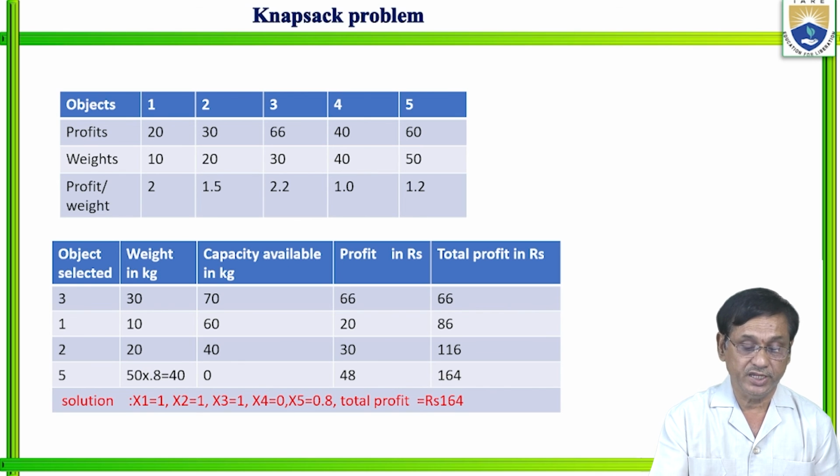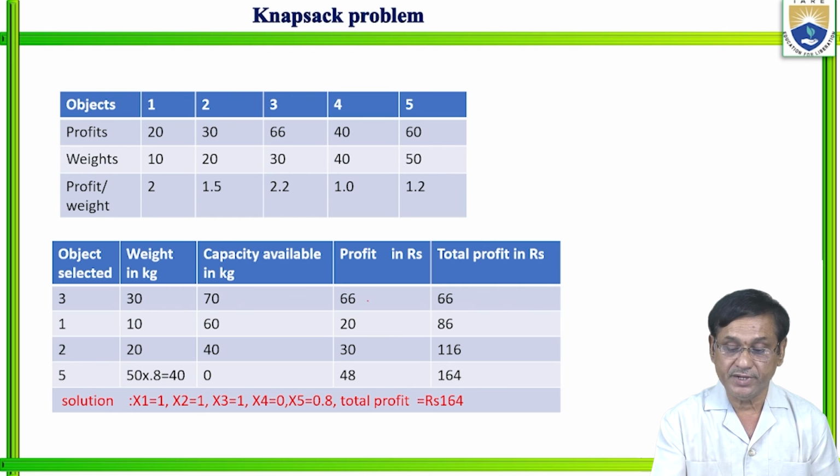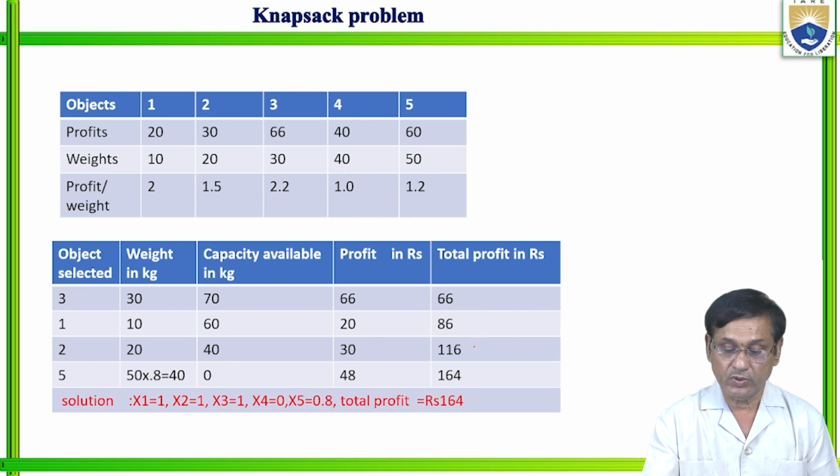So now you can see the same thing. When third object is included, capacity is 70, profit is 66. When the first object is included, this is 60 only and profit is 20, this is 86. When the second object is included, weight is 20, capacity is 40, profit is 30, 116.